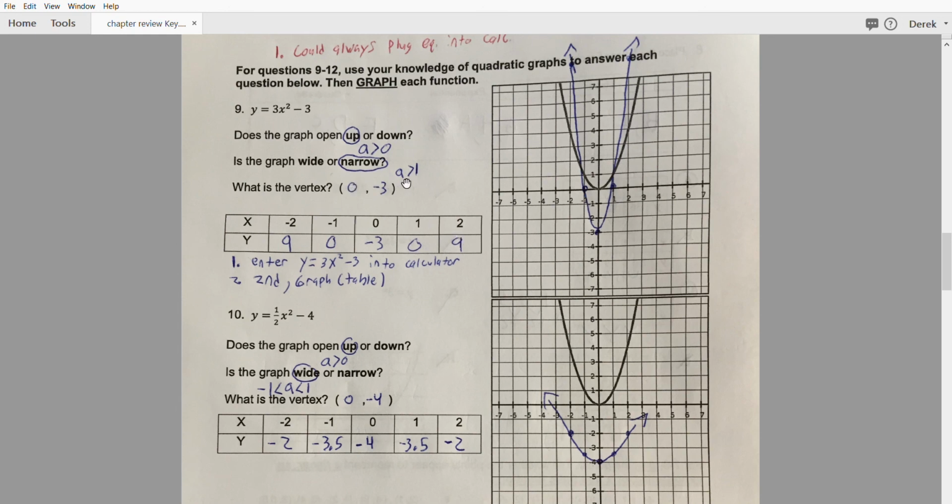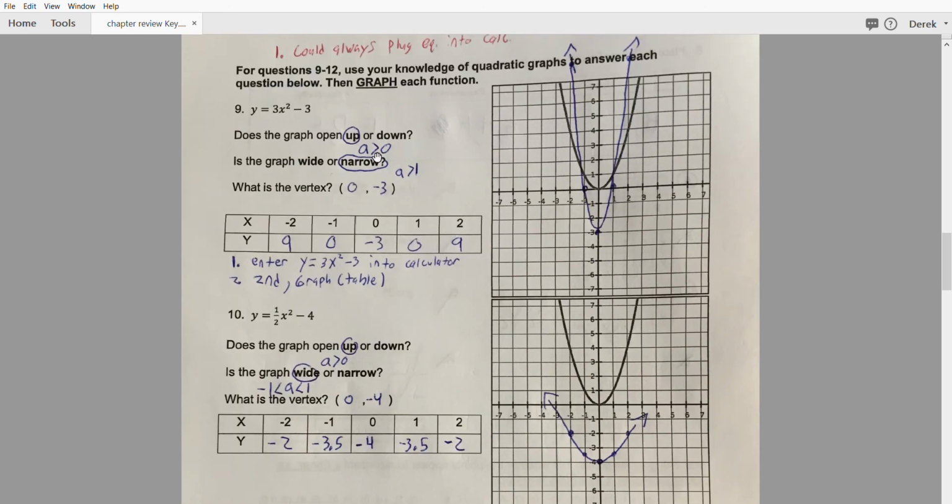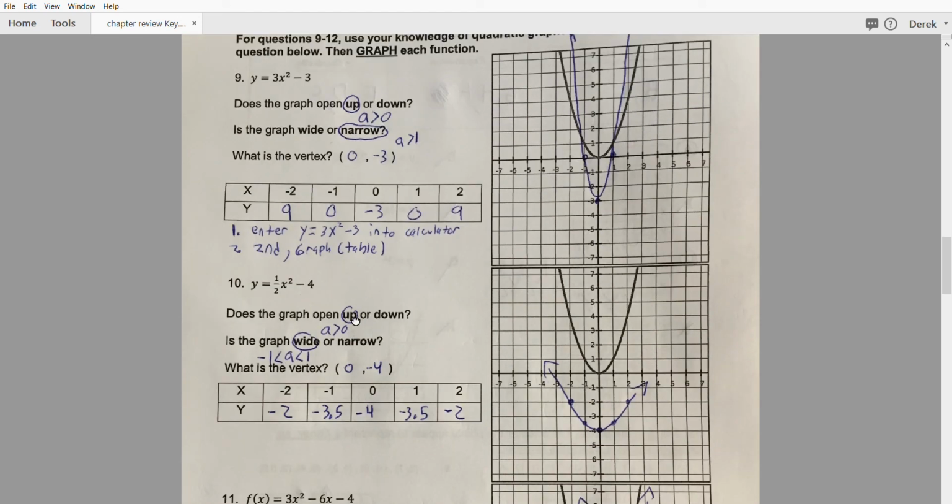If you want to make sure, you can do second calculate, max or min, to make sure that is your minimum. What I'll say for this, and this is really important, is that instead of doing all these off the top of your head, you could always plug this into your calculator to figure out every single one of these. Anytime you're confused, and you don't know if a is greater than 0 off the top of your head, you can always plug it into your calculator and see.